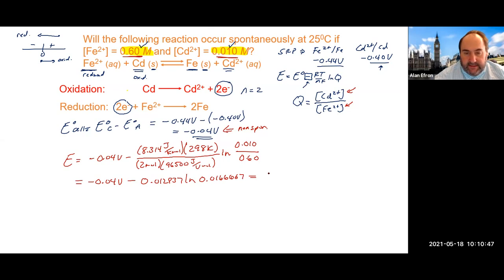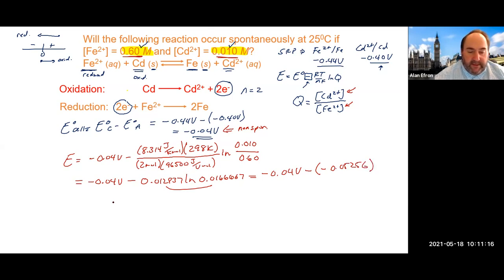Again, cleaning it up one more time, we're going to take the natural log of that number. We're also going to multiply it by 0.012837. That gets us minus 0.04 volts minus a minus 0.05256.